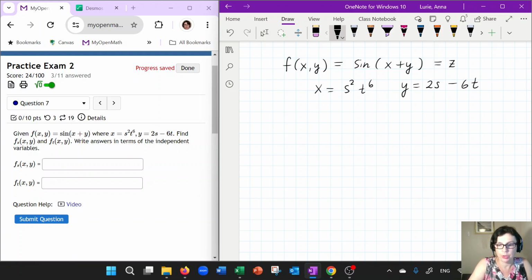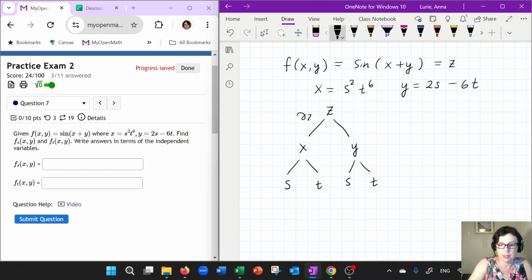So what I do is I start with z and I draw that z depends on x and y. And then in turn, x depends on s and depends on t, and y also depends on s and depends on t. Then I fill out the partial derivatives.